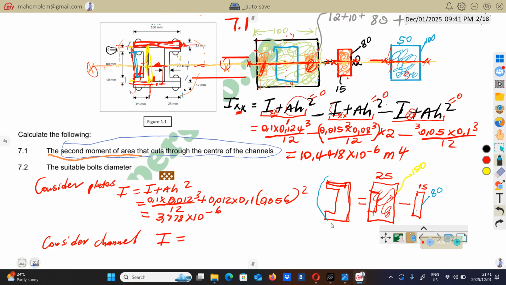So now to find this, we're going to approach it in this way. We'll find the I of this big box minus the I of this small box. Then you'll get I for one channel. Now you will see this XX.